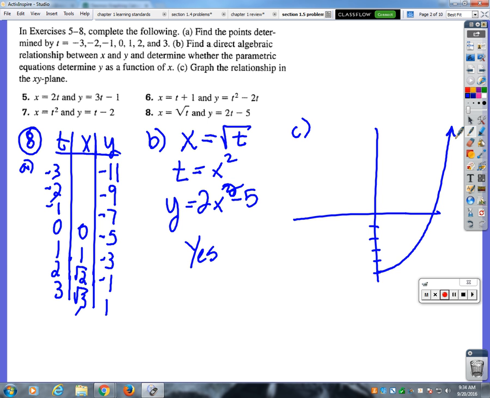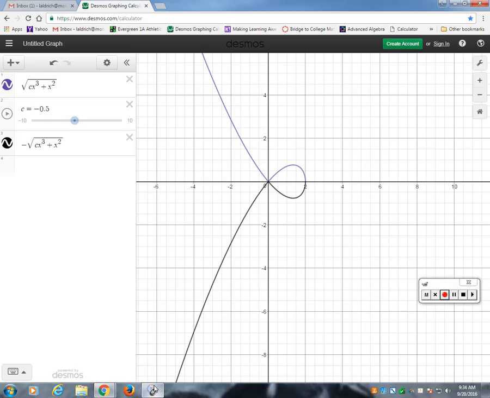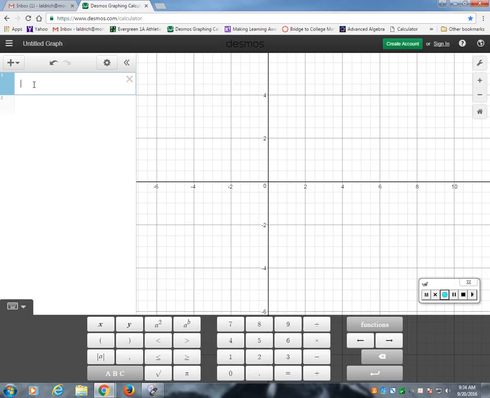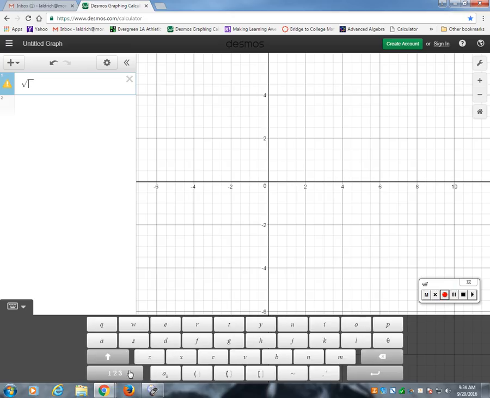Yes? Okay. So square root of x and then 2t minus 5. So square root of x, cos, the square root of x, square root of t. Dang it. Square root of t.